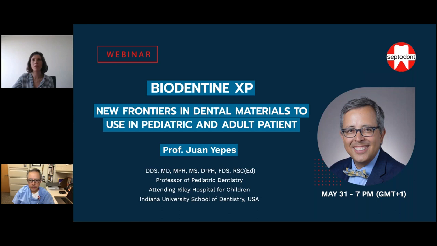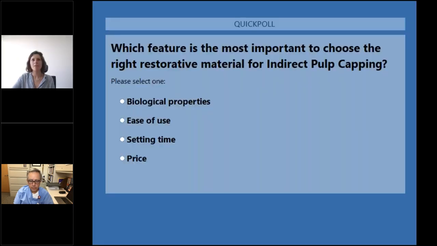Thank you. So I will share another question, and then we will launch the webinar. The second question is, which feature is the most important to choose the right restorative material for indirect pulp capping?